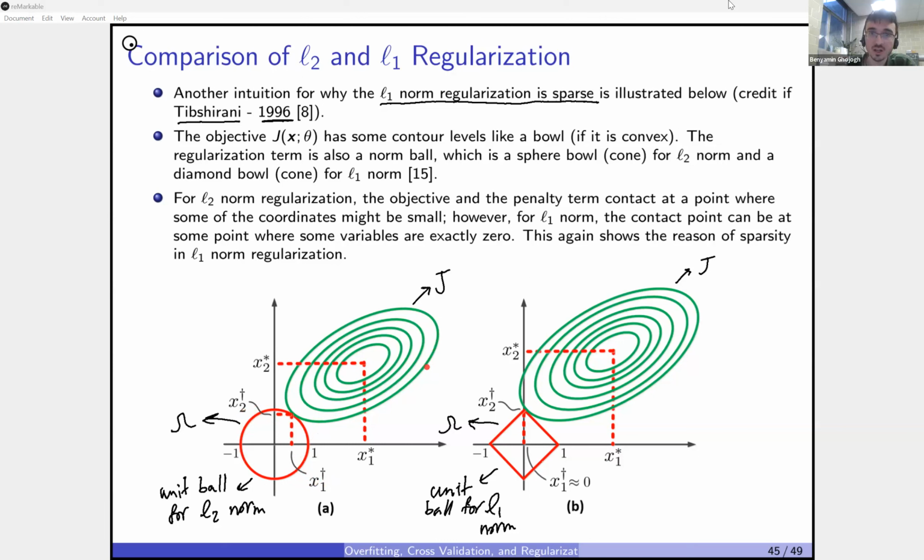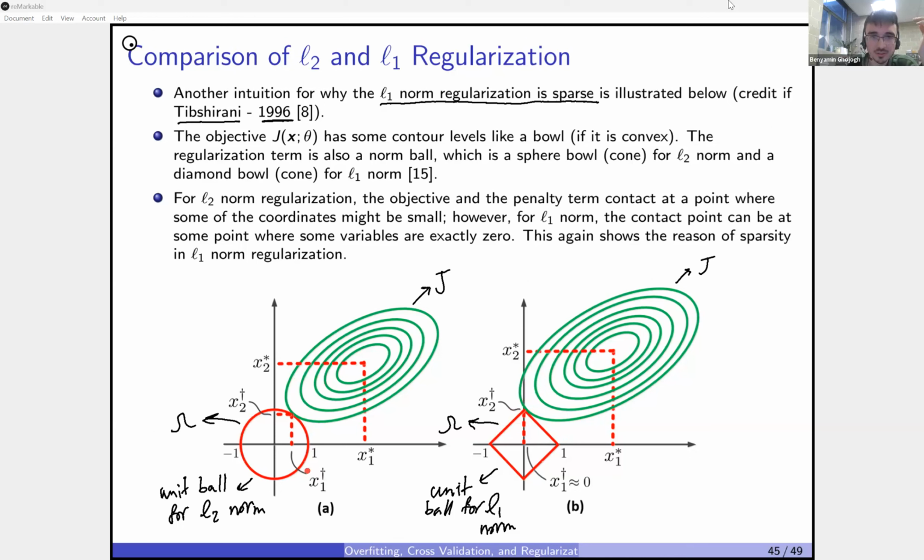And these are, by the way, the contours of the function. At each contour, the function value is the same. It's like a bowl, for example, here, right? And as you see, when we use L1 norm, it's like a sharp diamond. And the probability that the cost touches one of the edges or one of the sharp vertices of this diamond is high.